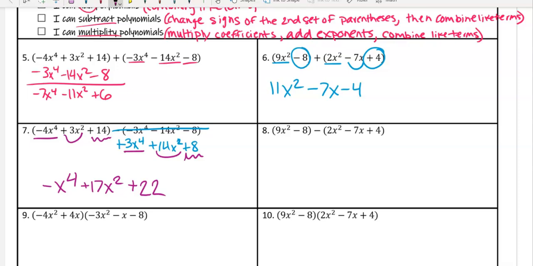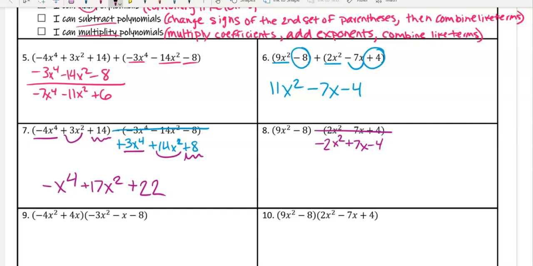All right, for the next one, we distribute that negative, aka change the signs of everything in the second set of parentheses. So if it was negative, now it's positive, and if it's positive, now it's negative. Ooh, I think I made a mistake here. This negative is being distributed to the positive 2, so now it is negative 2x. 7 was negative, now it's positive. 4 was positive, now it's negative.